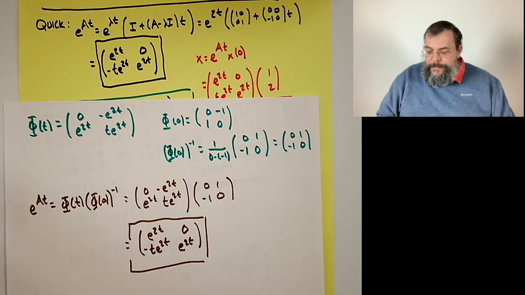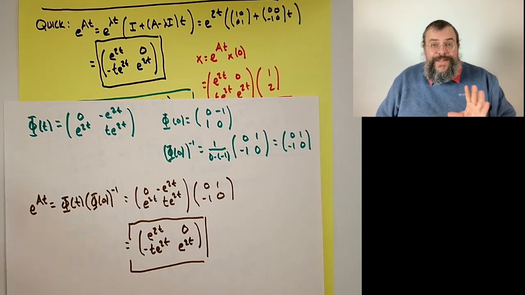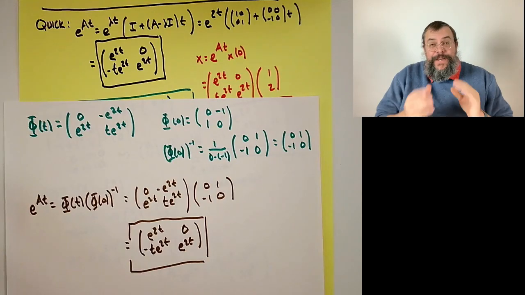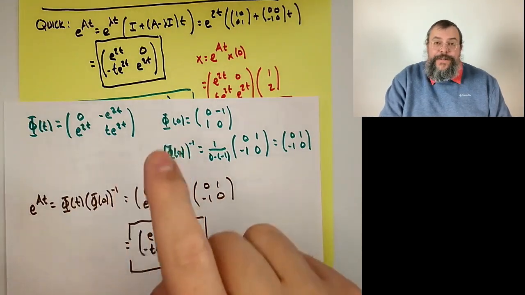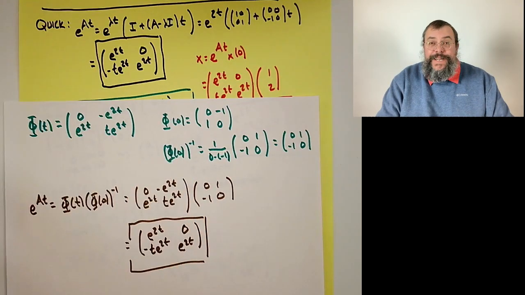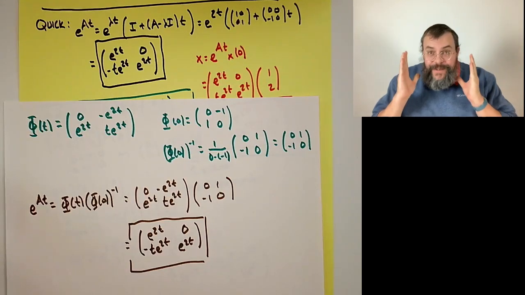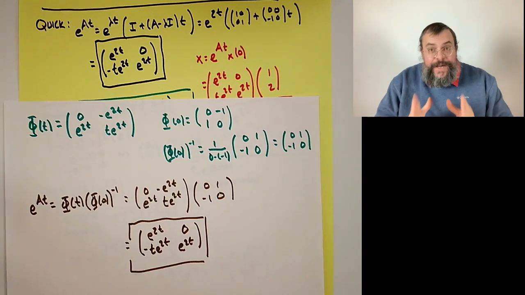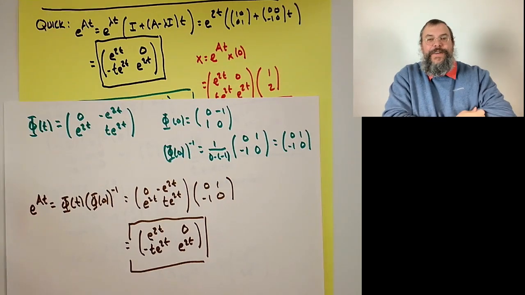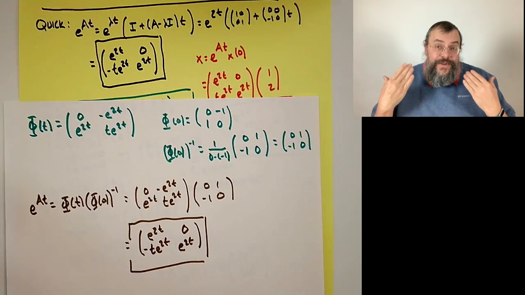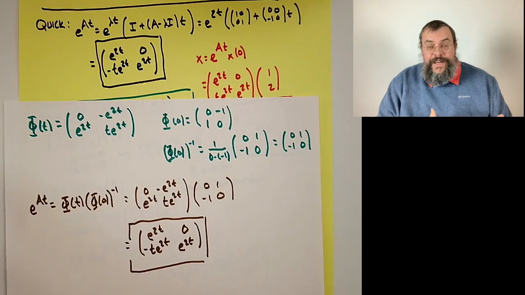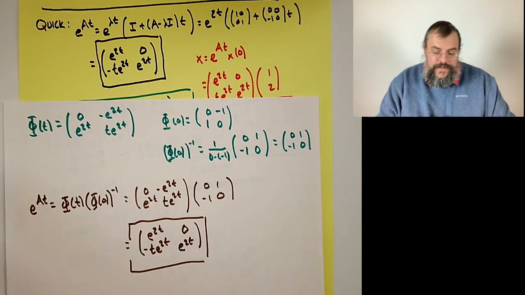All right. Now, let me pause, and I'll make a quick comment. A lot of people are like, I want to do it the quick way, but they didn't memorize the formula correctly. If you're going to do something the quick way, memorize the formula. You can't do something unless you are confident you can do it correctly. So make sure you have it nailed down.